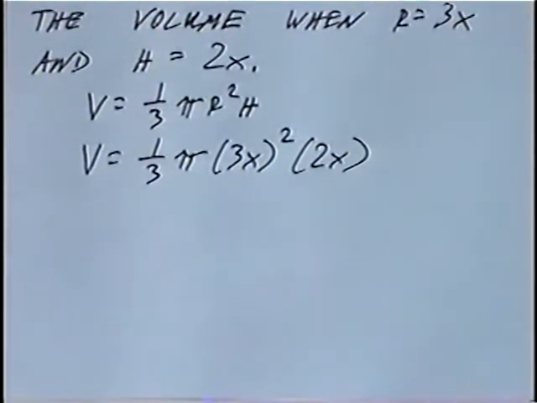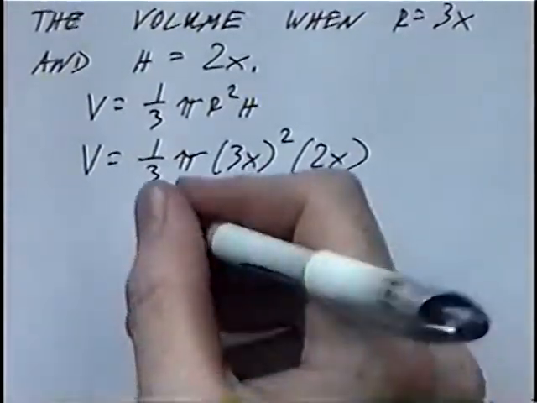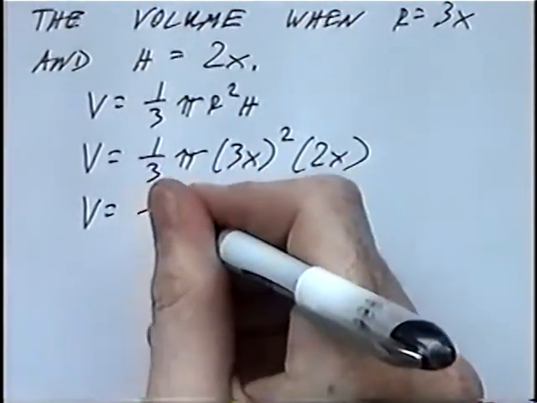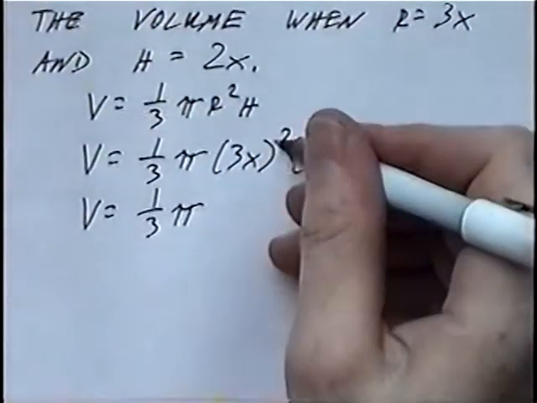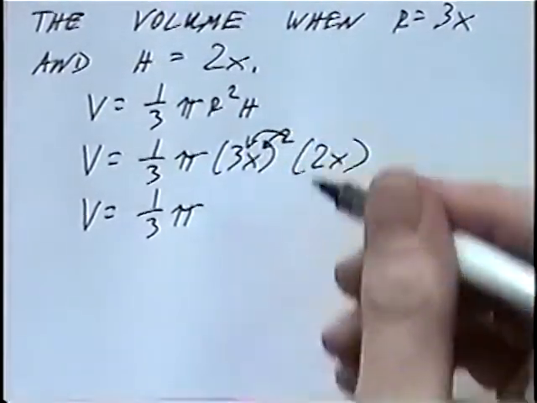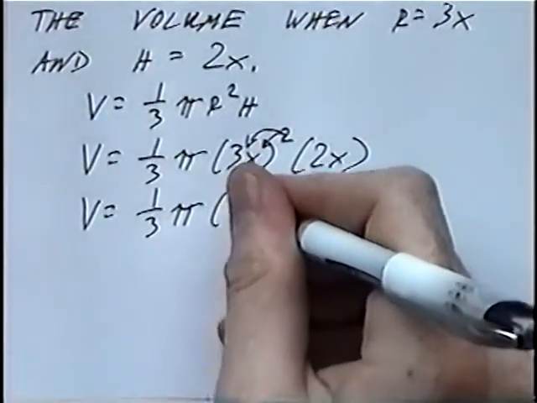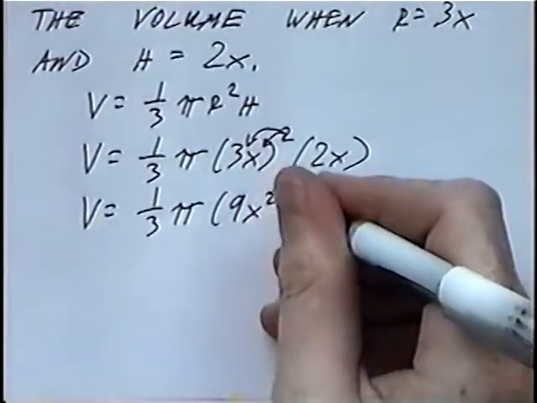Simplifying from here, following PEMDAS, we'll do exponents first. So volume equals 1/3 pi. Squaring the parentheses, we'll square the number as well as the variable. So 3 squared would be 9, and x squared would be x squared.